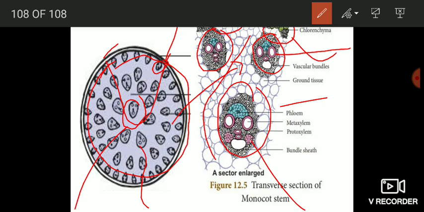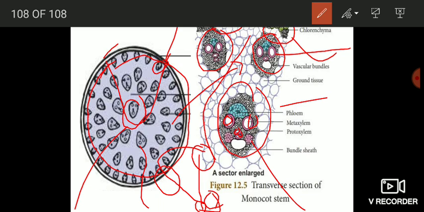And one very important feature about the xylem of this vascular bundle of monocots is it is Y or V shaped, in which the two extended arms are represented by two vessels, and this region is represented by two more vessels. But the difference is that these two vessels are large in size as compared to these vessels which are smaller in size. Here you can see these are the large vessels, and these are the small vessels.